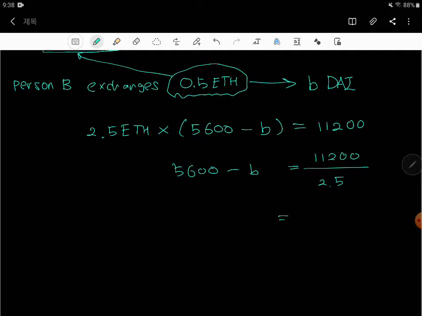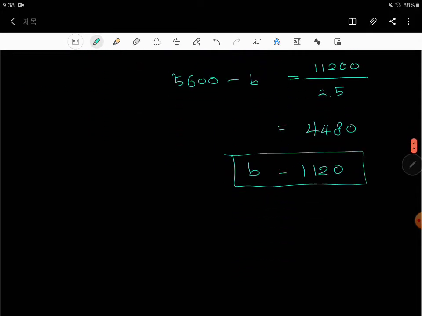So this gives you 4,480. Okay, so what is B? B is basically 5,600 minus 4,480, which is 1,120. Okay, so B is 1,120.